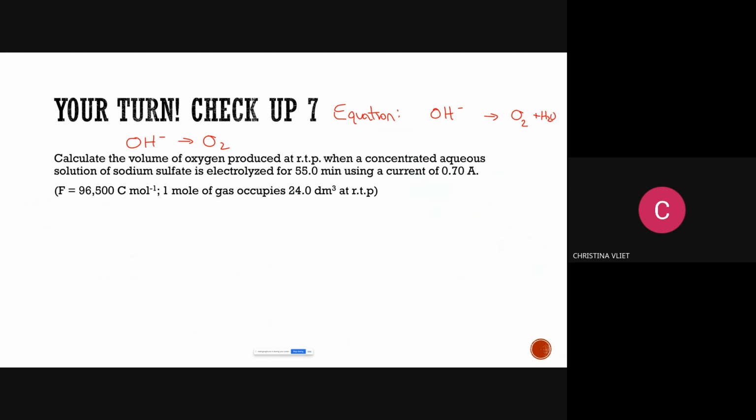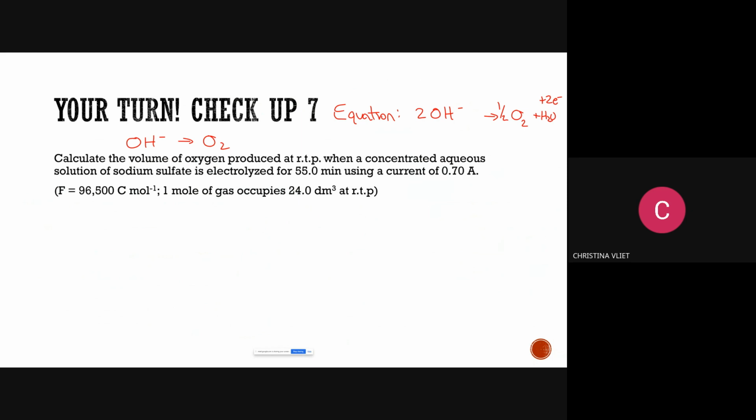That gives you hydrogen. Now what? Put a 2 here. Now what am I still missing? My oxygens still aren't correct. I've got 2 on this side and 3 on this side. So what would I do? Make this 1/2, which some of you did. And then electrons. Which side do the electrons go to and how many? Product side and 2. This is going to give us our ratio we need for later on.